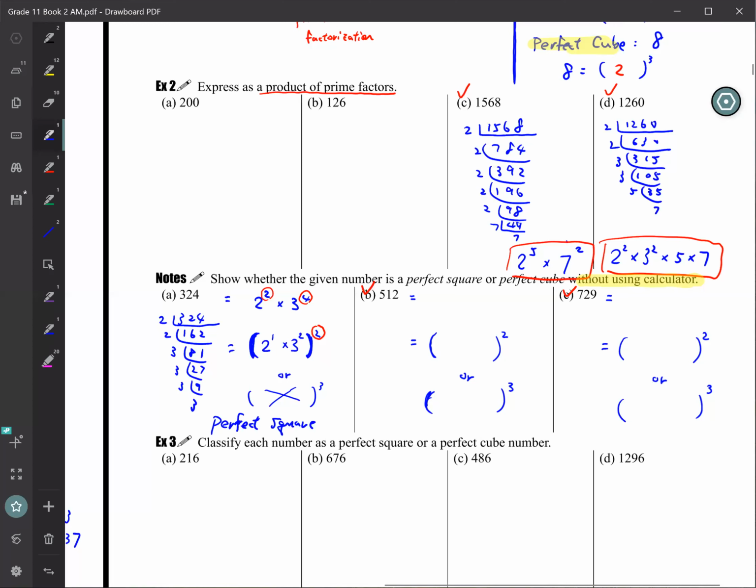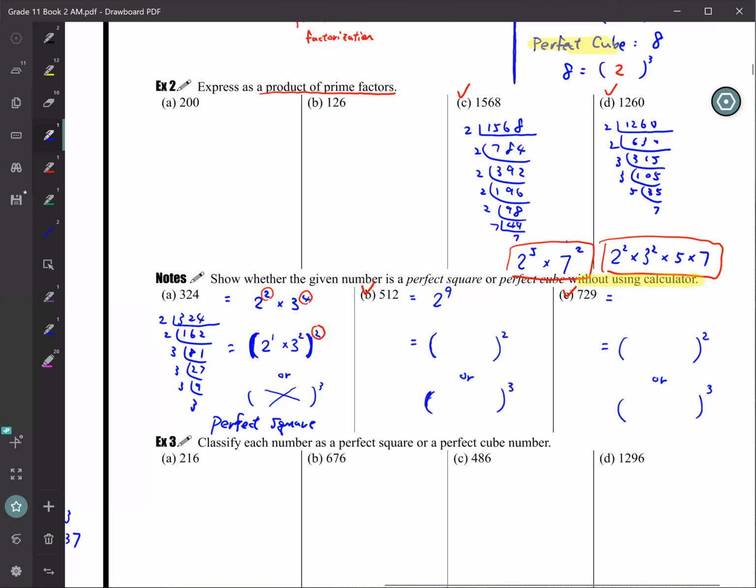All right, so let's check. For question B, what are the prime factors, Brennan? 2 to the power of 9. 2 to the 9. Okay.